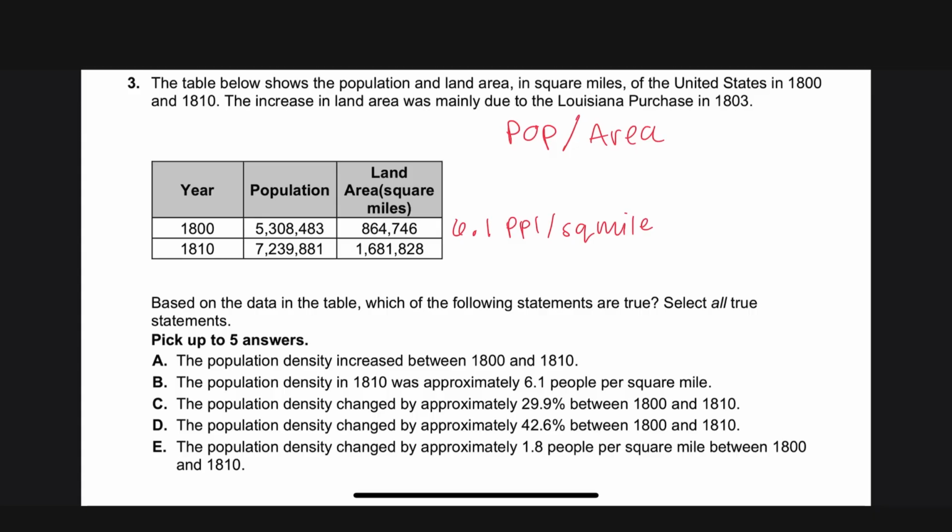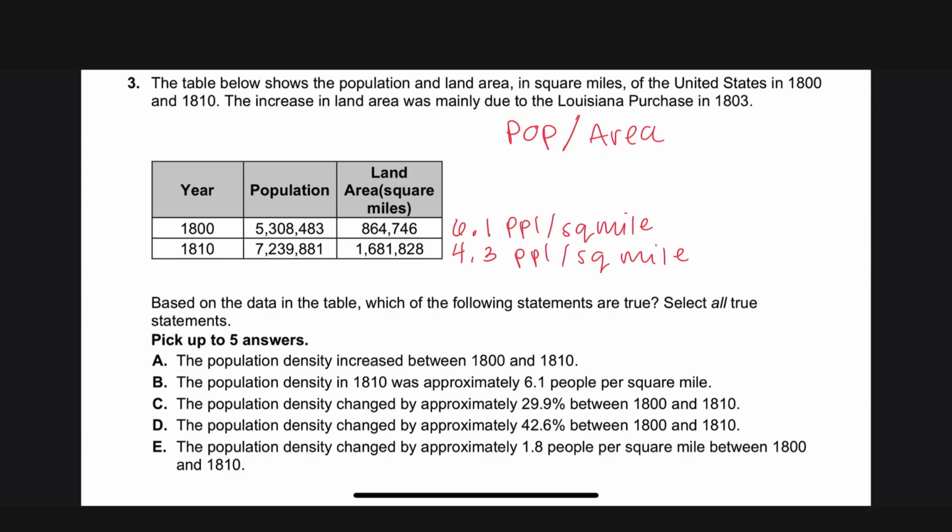So we end up with 4.3 people per square mile. So we're going to go through the answer choices and pick which ones are true.